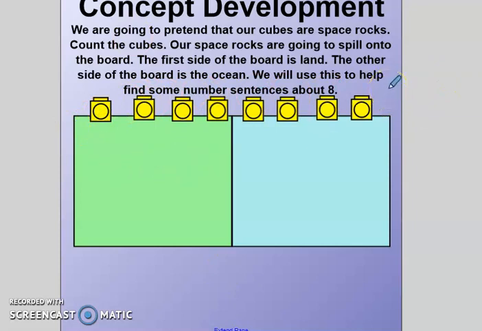And when I turn the next screen, some of them are going to be on the green part, which is land, and some of them are going to be on the blue part, which is water. Depending on where they are, that's going to figure out our parts for us. And then, wait till you find out this. We're going to have to write a number sentence based on our picture. Are you ready? All right, let's do this.